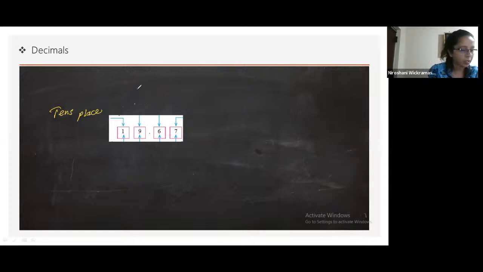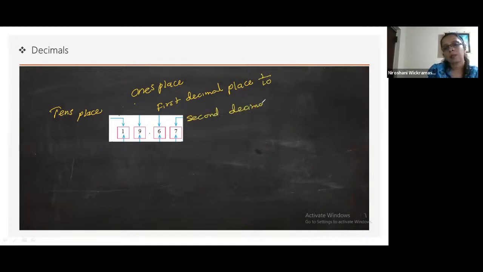It means we are saying ones place. And what about this? This is first decimal place. It means we can say 1/10 place. This is second decimal place. It means we can write 100 place.